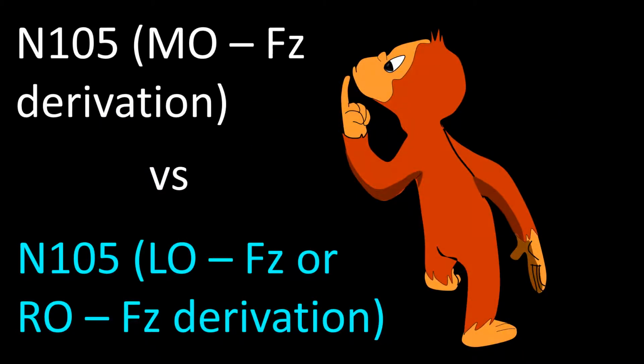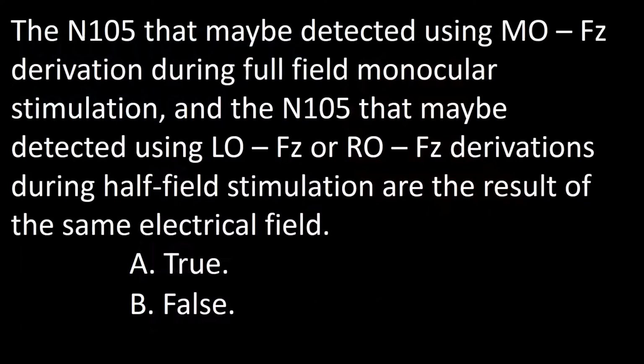So parasagittal N105 seems to originate at the occipital lobe, whereas sagittal N105 seems to originate from the frontal lobe. So the answer to this question is B.